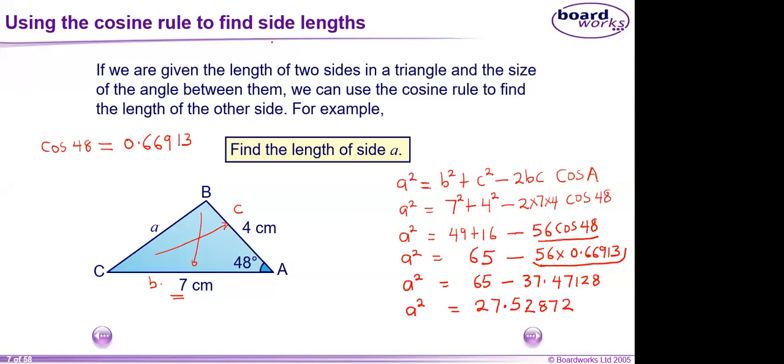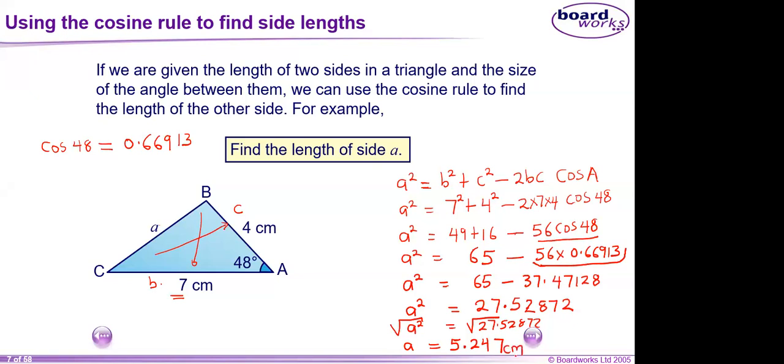We use the square root. Okay. So now, square root both sides. So our A will be equal to 5.2467 recurring, which we can write to 2 decimal places as 5.25 centimeters.